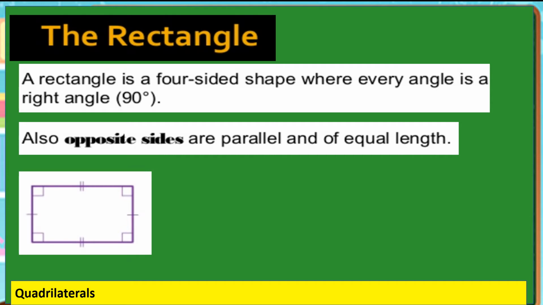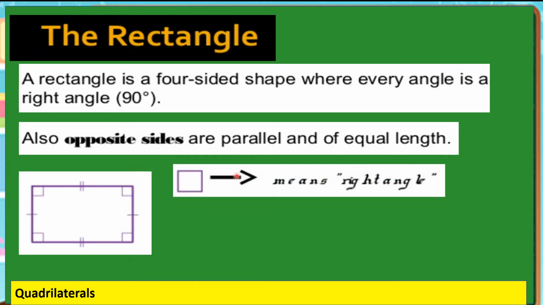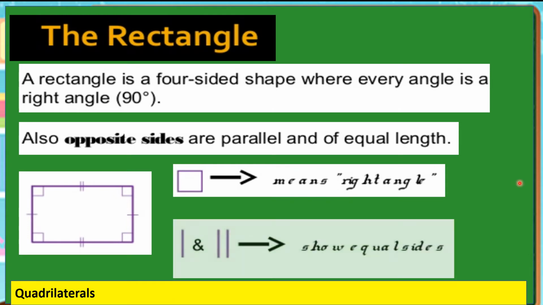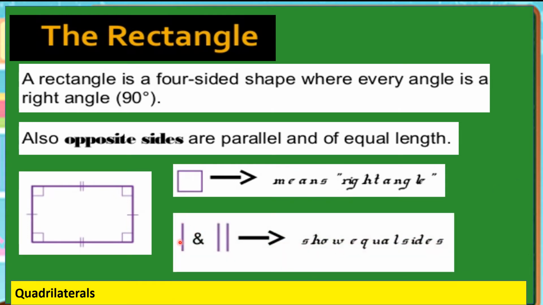Given this example, as you can see in the figure, the square means right angle. So, dito siya makikita, ito daw ay 90 degrees or right angle. And the bar line, the first line, the bar line and two bar lines show equal sides of the given figure.